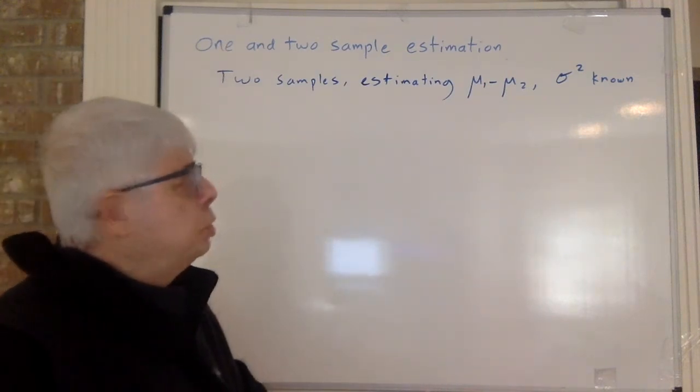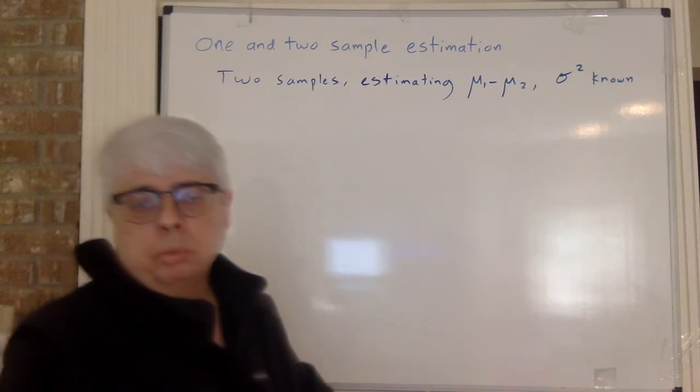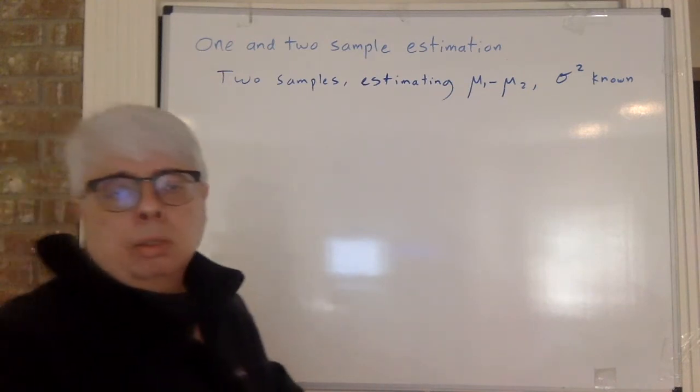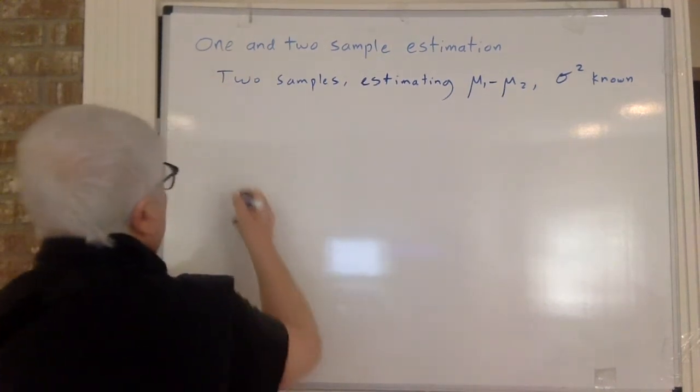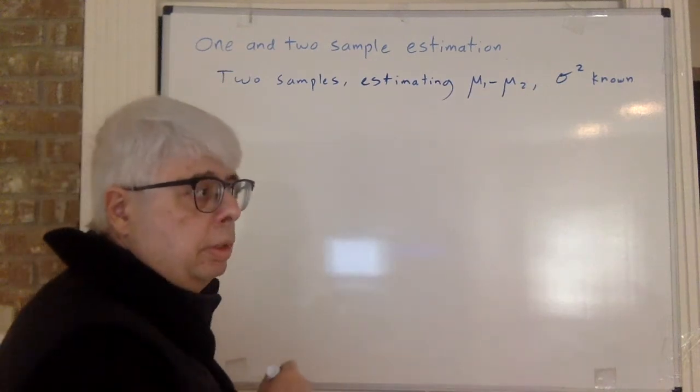So we have two distributions, in fact, and we have two random samples.